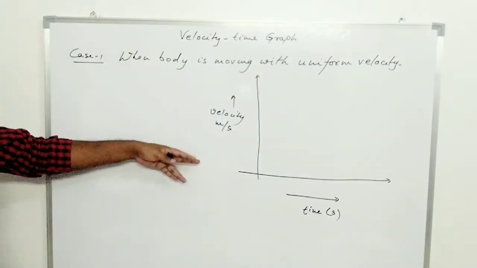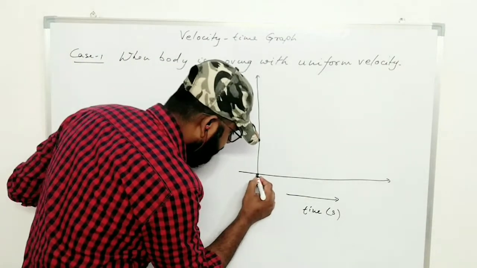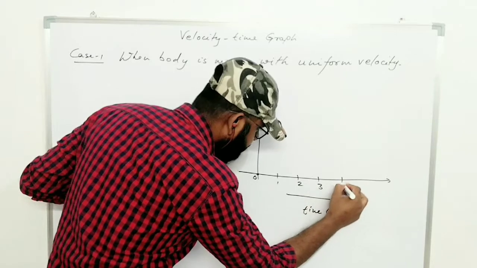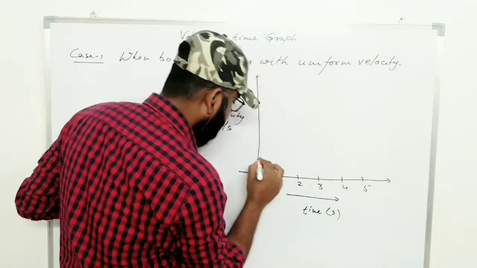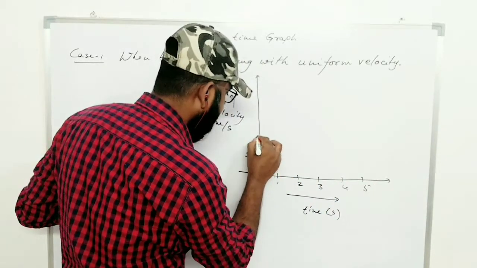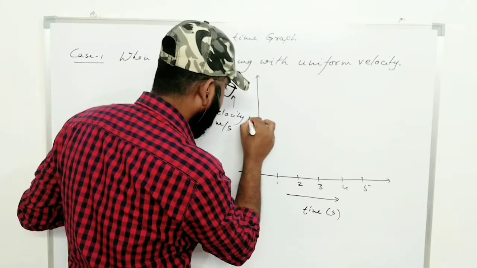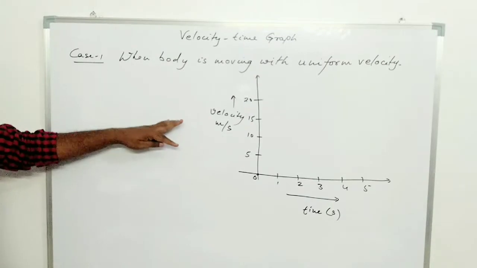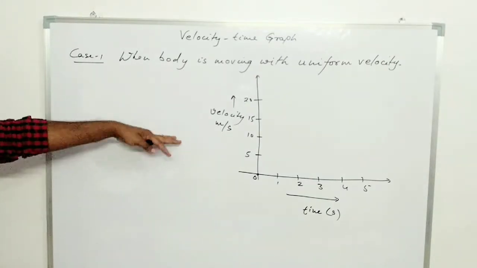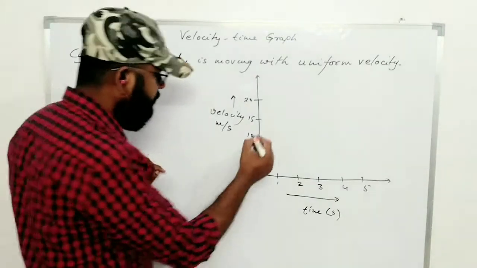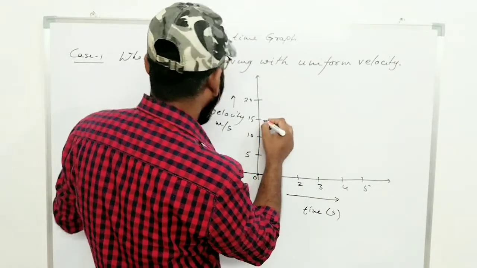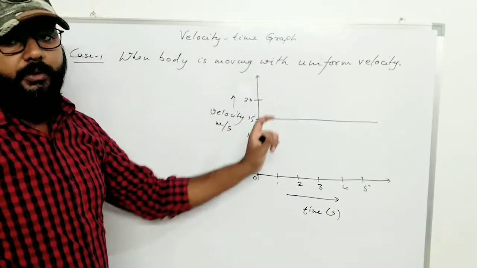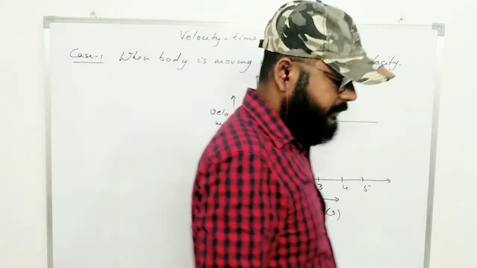You can take any data, suppose 5, 10, 50, 20. So the graph will be parallel to the x-axis when the body is moving with uniform velocity. I already told how to make the graph from the data.